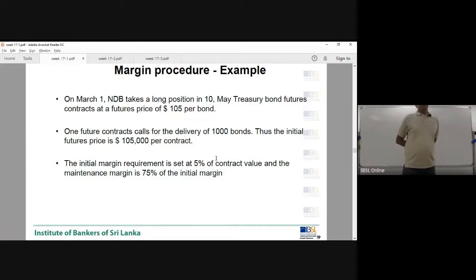The price of one bond is 105. They have bought 1,000 bonds. Initial margin requirement is set as 5% of the contract value, and the maintenance margin 75% of the initial margin.